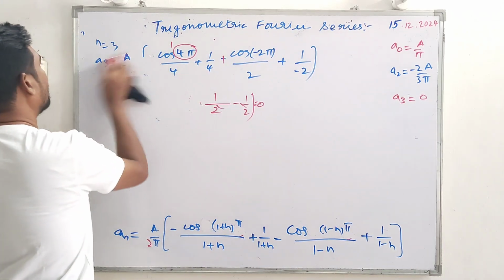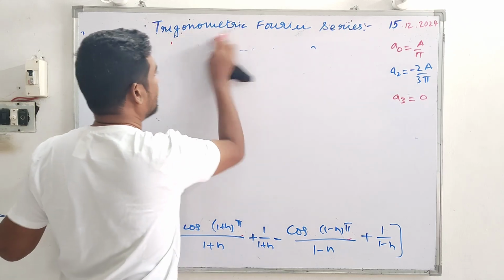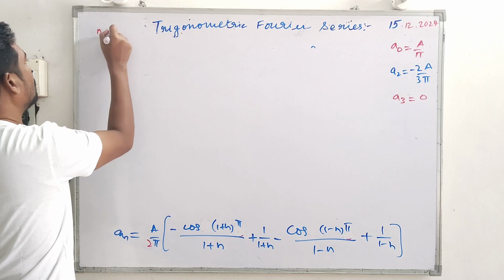Alright, in the same way, we're gonna calculate different values of the coefficients with the different values of n. Now, A4, let's see what happens with the A4, in the sense, n equal to 4.